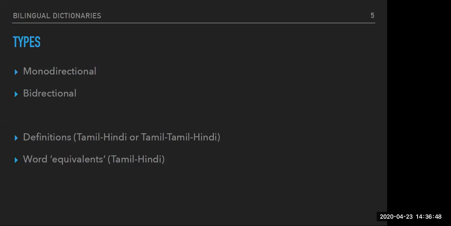You just want to know what the word means. So it's like a regular dictionary where you don't know the meaning of an English word, you look it up and it explains to you in simpler English what that word means. That's how a regular monolingual dictionary works. So a definitions dictionary is similar, except that it explains to you in the source language, the language that you know, what it means. Yeah, got it. Thank you.